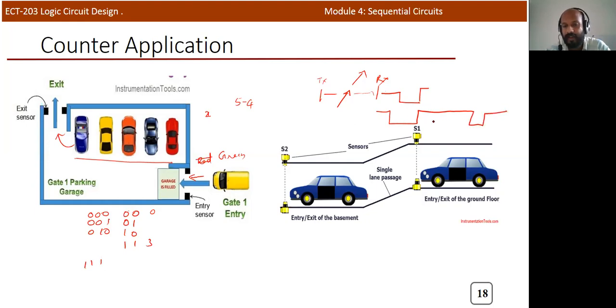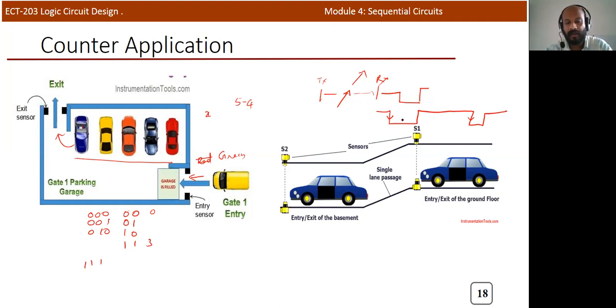When there is a vehicle moving in the particular region, you will get an active low. From this waveform, you can see that you need to count this low region, or you can say when there is a high to low transition, we need to count. That's something similar to your clock signal. When using a counter, we actually count these transitions, either low to high or high to low. Such devices are normally known as counters.